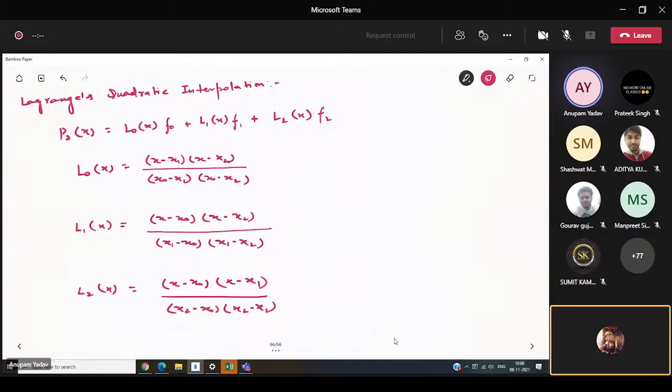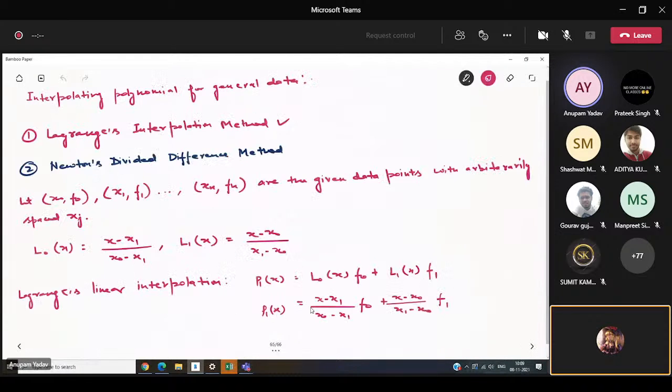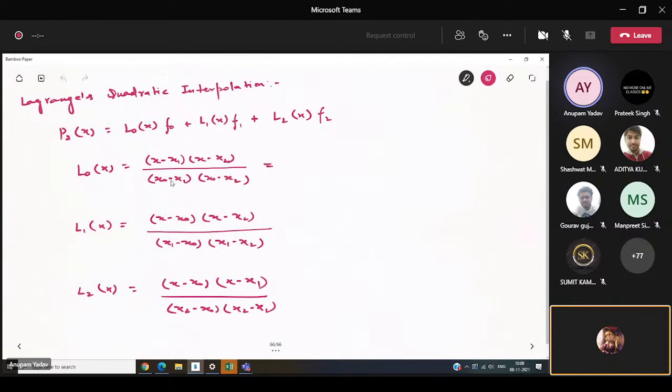Basically, if you try to understand it, this is nothing but the ratio of the previous linear interpolation, because if you carefully see L naught, what we have defined for linear interpolation is x minus x1 upon x naught minus x1. So if I represent it by small l, L naught x is this value.